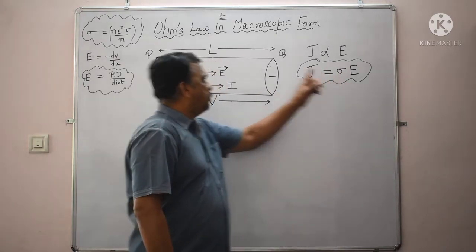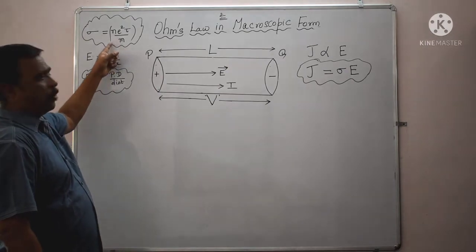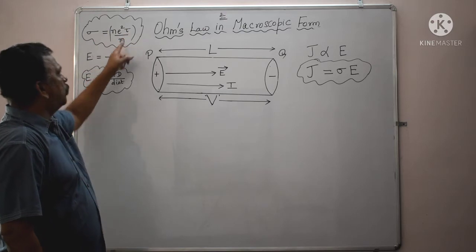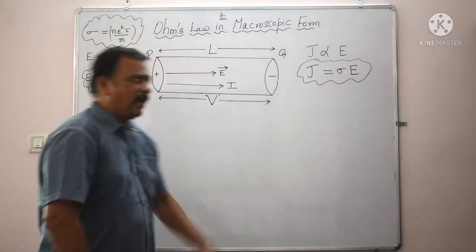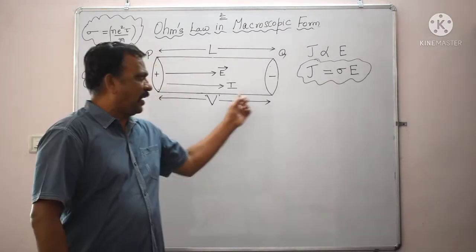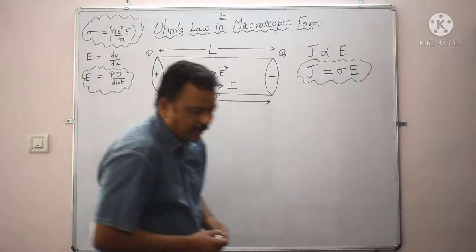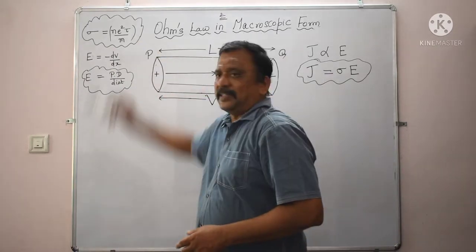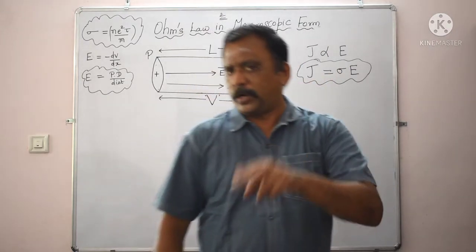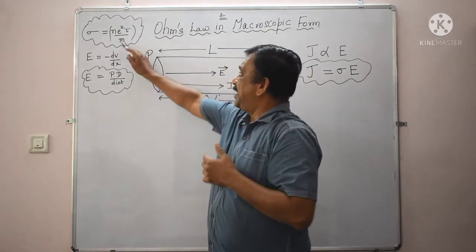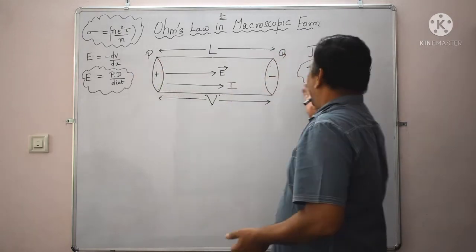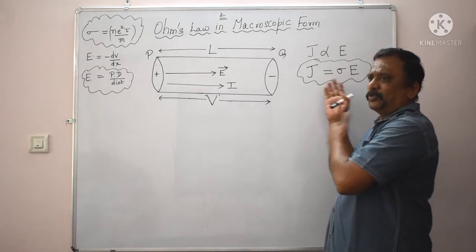The conductivity sigma is equal to n e square tau divided by m, where n is the number of free electrons present in unit volume of the conductor, e is the charge carried by an electron, tau is the average relaxation time, or the average time taken by an electron to undergo two successive collisions, and m is the mass of an electron. So this is your microscopic form of Ohm's law.